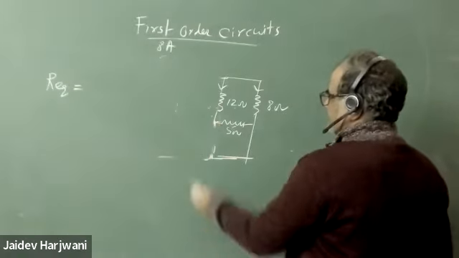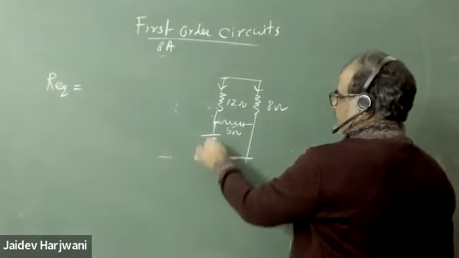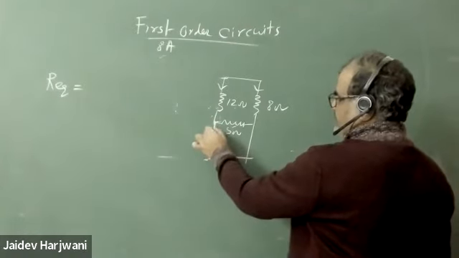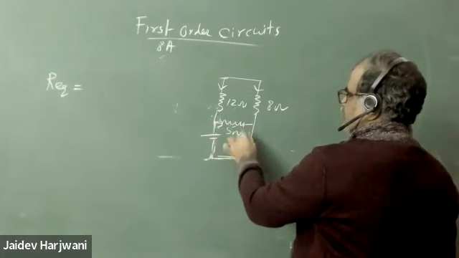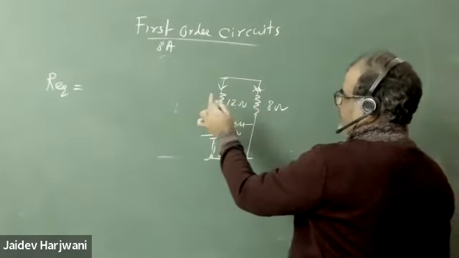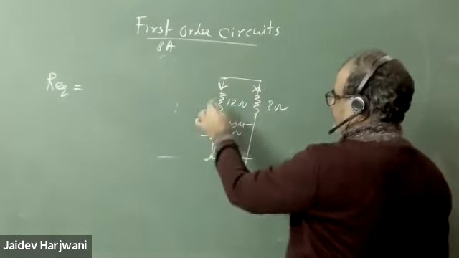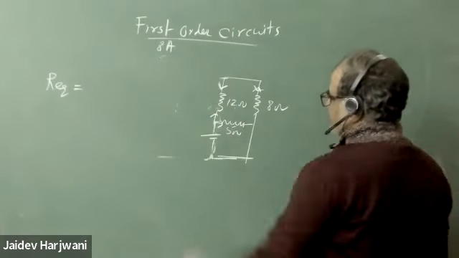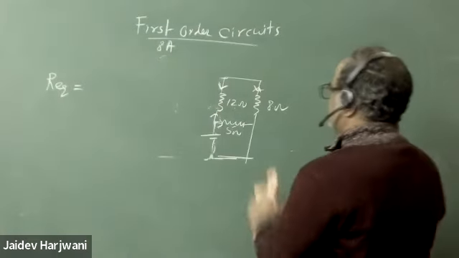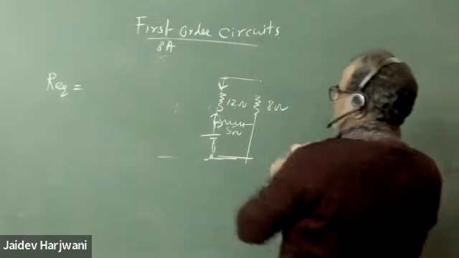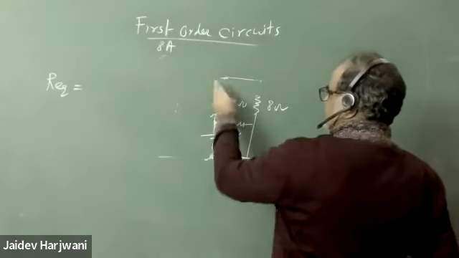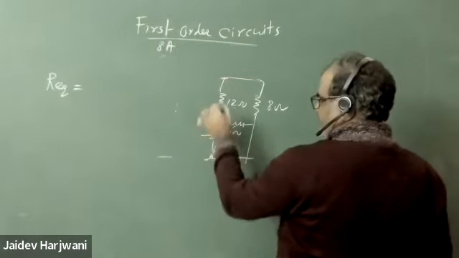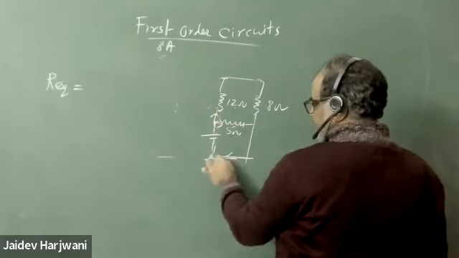So if you put this one like this, current will divide. Suppose assuming current going here, and this current will go here, and here also current division will take place. Sorry, I'm doing it wrong. If I am assuming current going from here, this current would come back from here.